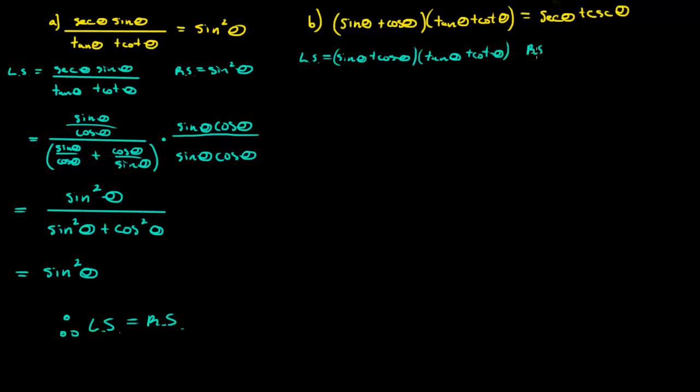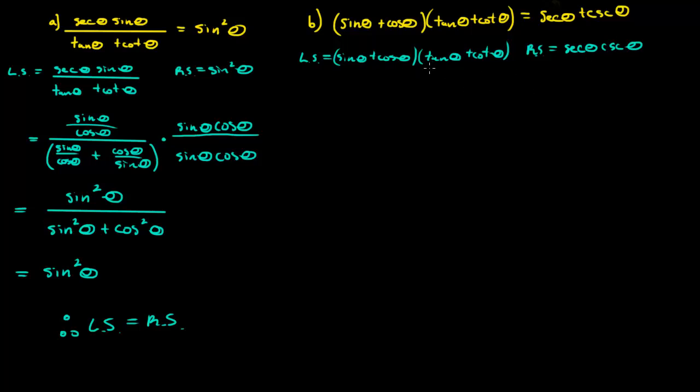And the right side is equal to secant theta times cosecant theta. Definitely the left side is more complicated here, so I'm going to try to simplify the left side and show that it's equal to the right side.